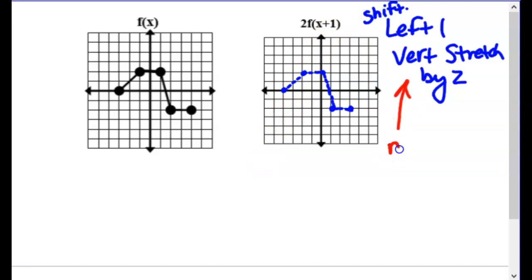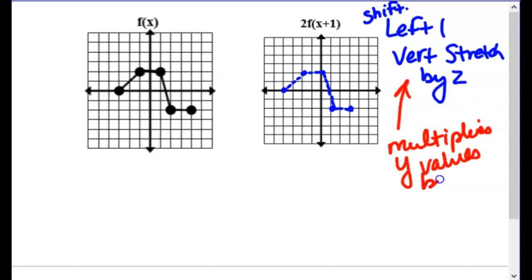A vertical stretch multiplies all the y values, in this case by 2. Well, this guy's negative 4, 0. Multiplying 0 by 2 does nothing, right? But this guy's at negative 2, 2, so it's got to go up to negative 2 what? Is anybody following here? The y value is double.